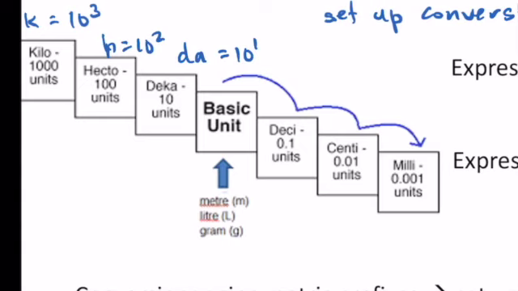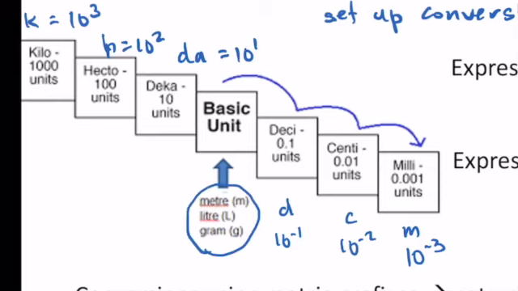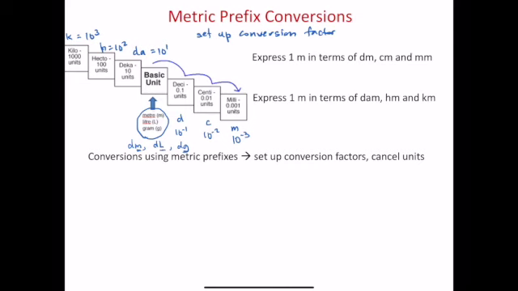When you get smaller than the basic unit of 1, you have deci, which is 10 to the minus 1, centi, 10 to the minus 2, or milli, 10 to the minus 3. These would usually have a unit associated with it, like a decimeter, a deciliter, or a decigram. Those are the units, the M, the L, and the G. These metric prefixes are used in conjunction with units of measurement.